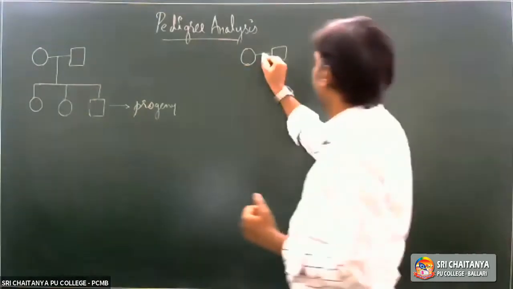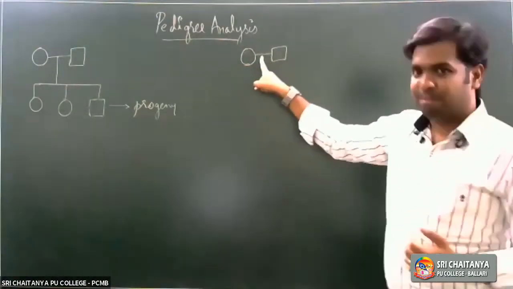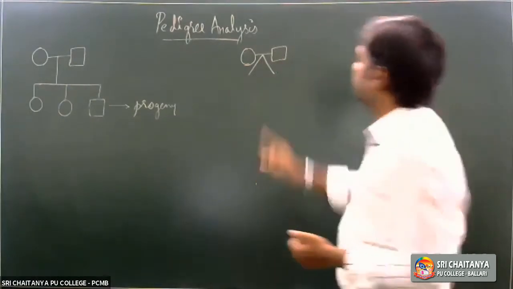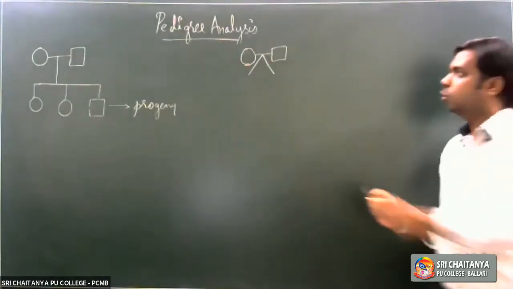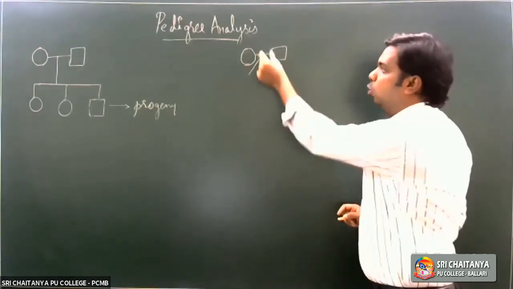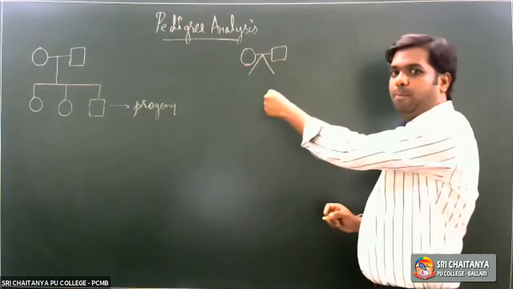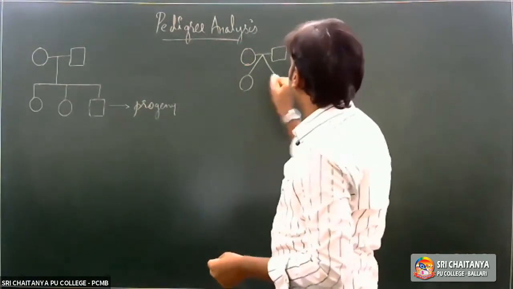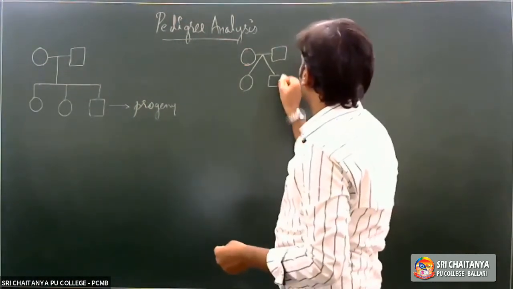So how do we represent twins? From this horizontal line which connects the male and female, if there are two lines coming out from the same point, say one individual is female and the other individual is a male.